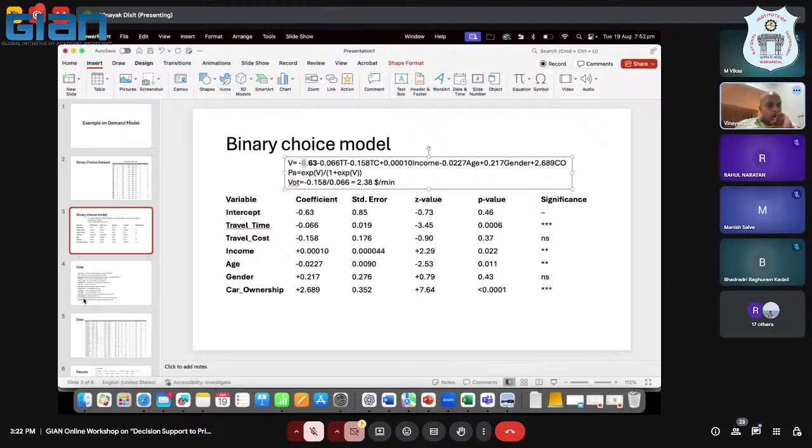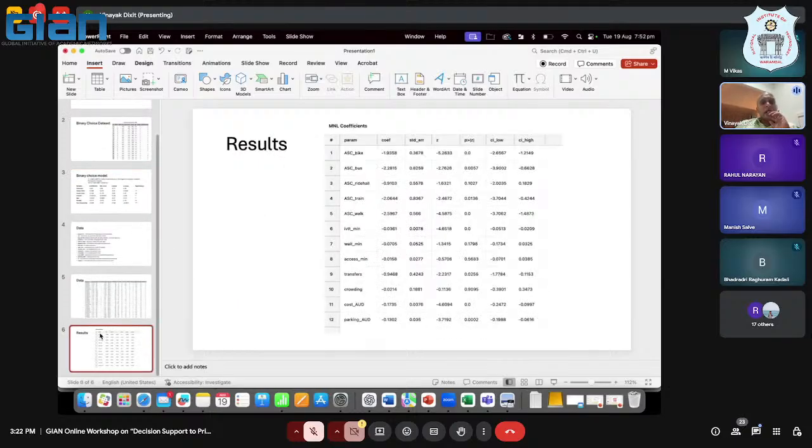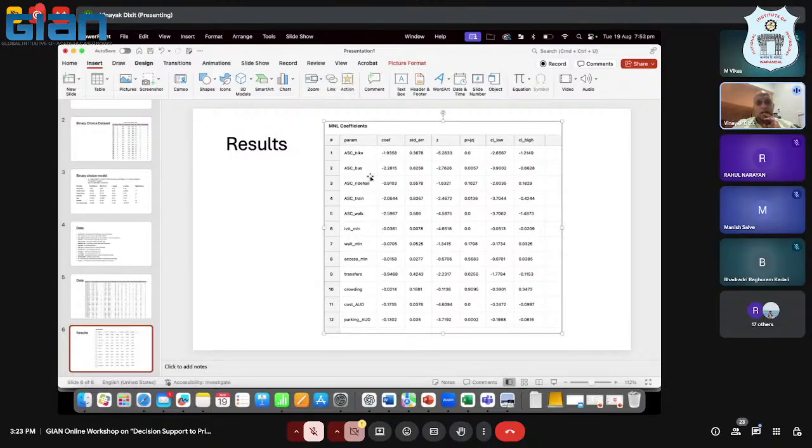So every mode has a constant. Bike has a constant of minus 1.9, bus has a constant of minus 2.2, ride hail has a constant of minus 0.91, train has minus 2.0, and walk has minus 2.5957.